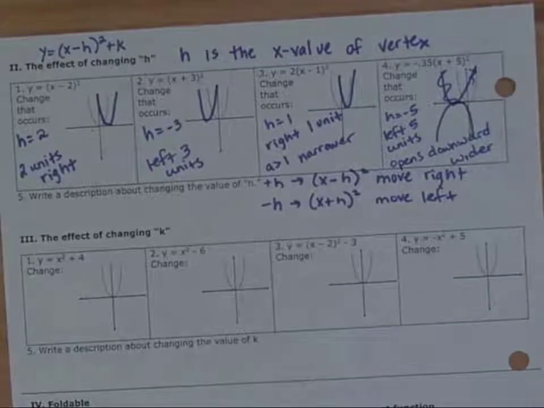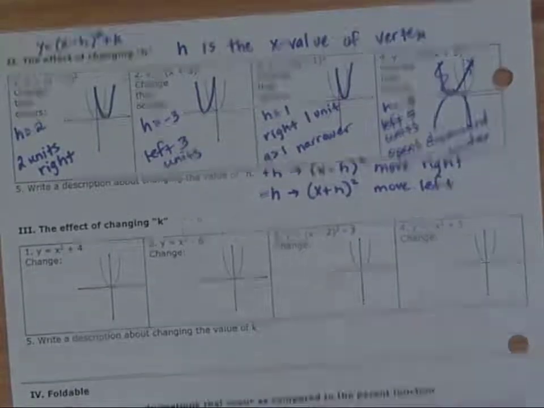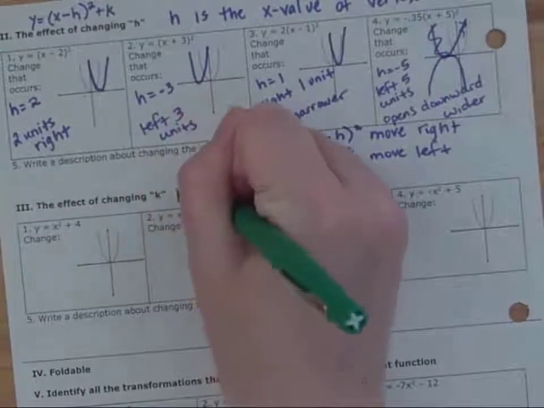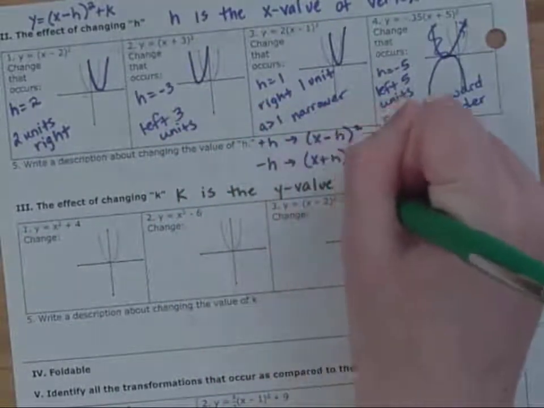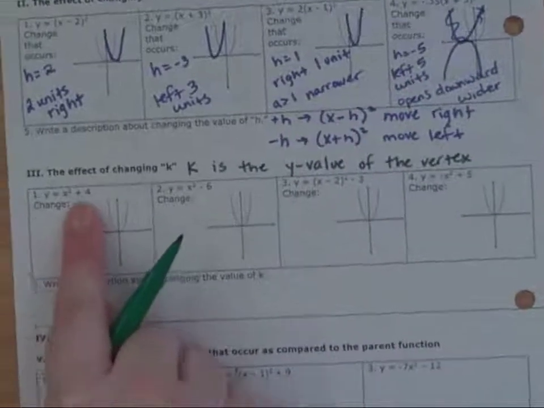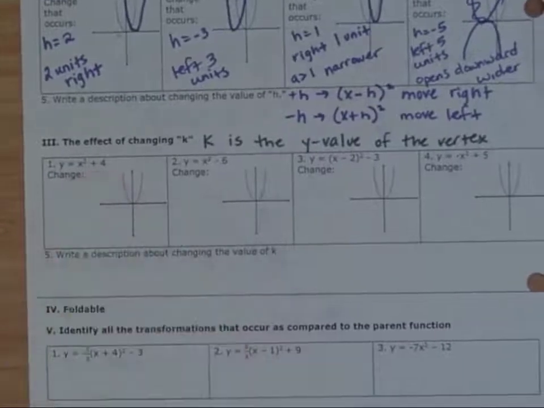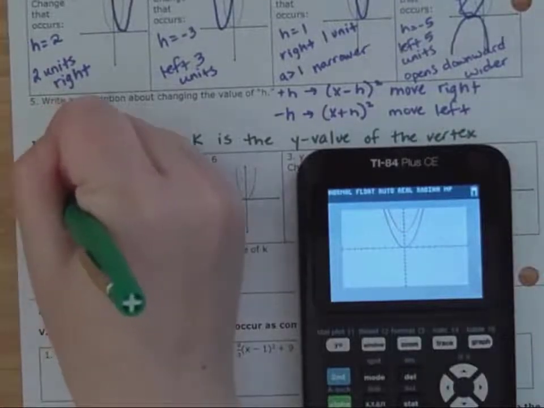Okay, so remember that that was for h, which was the x value of the vertex. So what happens when we change k? k is the y value of the vertex. So if this is plus 4, what do you think is going to happen? There it is. And then what do we see here? It's moved up 4 units because the value of k is 4.